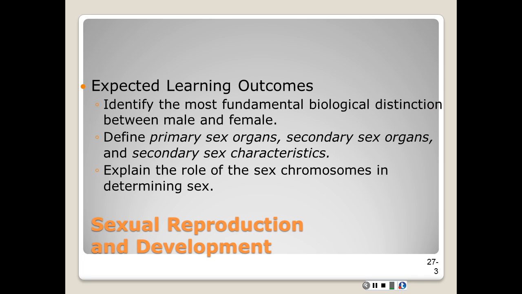What are we going to look at in this particular section of this video? Looking at the fundamental biological distinction between male and female, as well as the primary organs, secondary organs and the secondary sex characteristics. We should be able to explain the role of the sex chromosomes in determining sex.